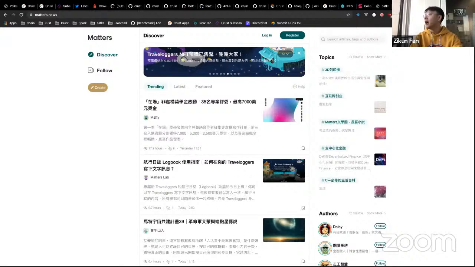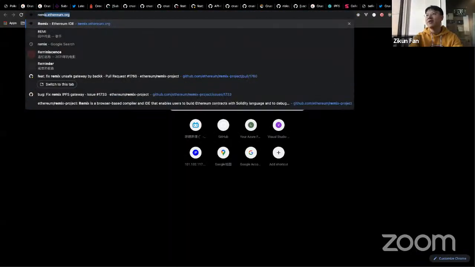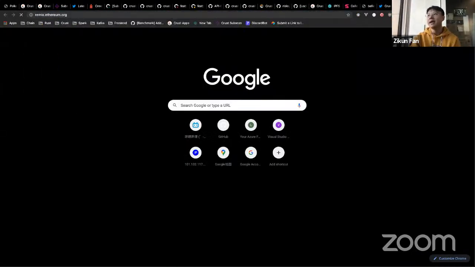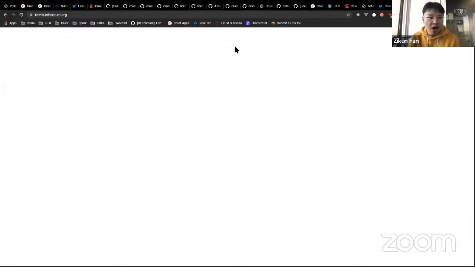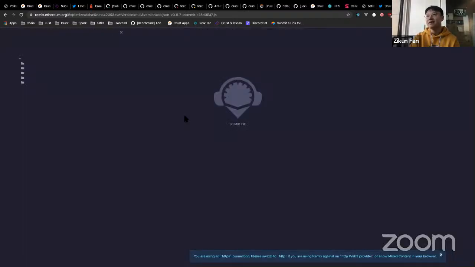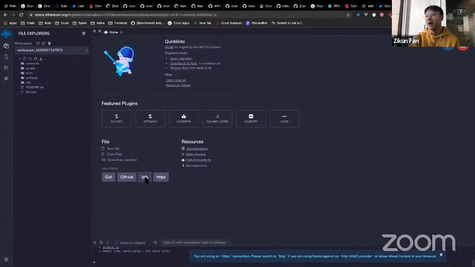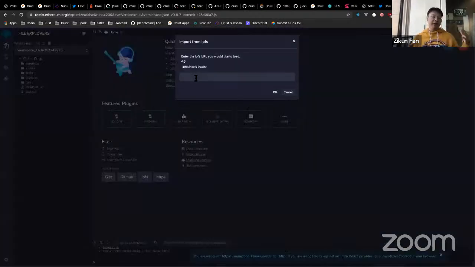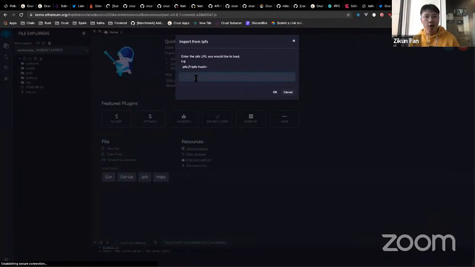And another one, I think everybody is very familiar with, is Remix. We proposed Solidity smart contract file storage for them because they already provide the IPFS storage function. You can clone your file from the GitHub repo for sure, but you can also recover it from IPFS.